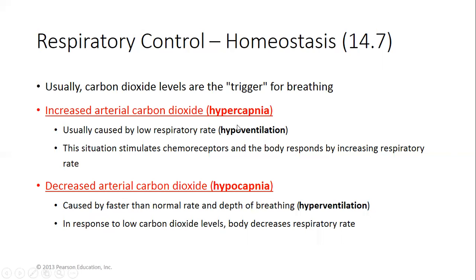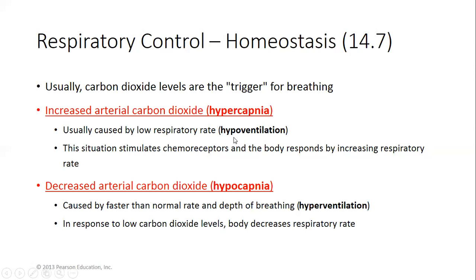What can cause that is hypoventilation, a low breathing rate. That stimulates chemoreceptors. Chemoreceptors respond to a chemical like carbon dioxide. And in response, chemoreceptors send a signal to the pons and the medulla oblongata. And the pons and the medulla oblongata are your integrating centers for respiration. And then they control basically your breathing rate.